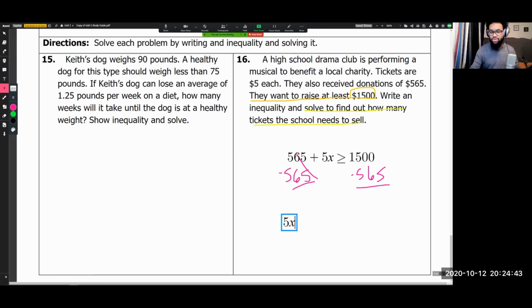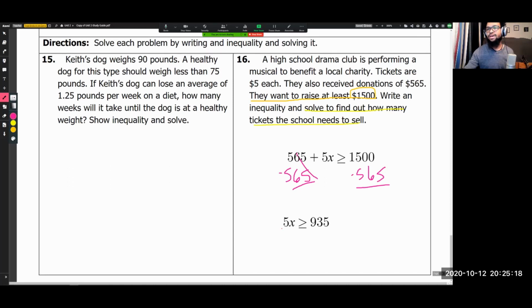And now what I have is greater than or equal to 1,500 minus 565. You can go ahead and plug that into your calculator if you need to. I'm going to write out the answer down there. When we subtract those, we get 935. All right, 5x is greater than or equal to 935.